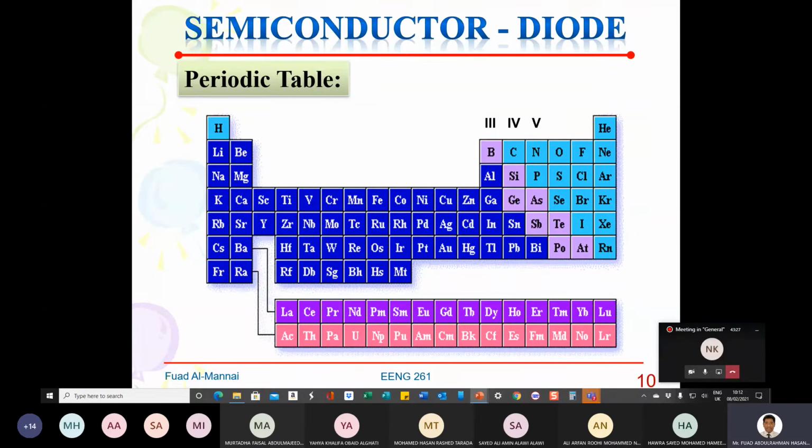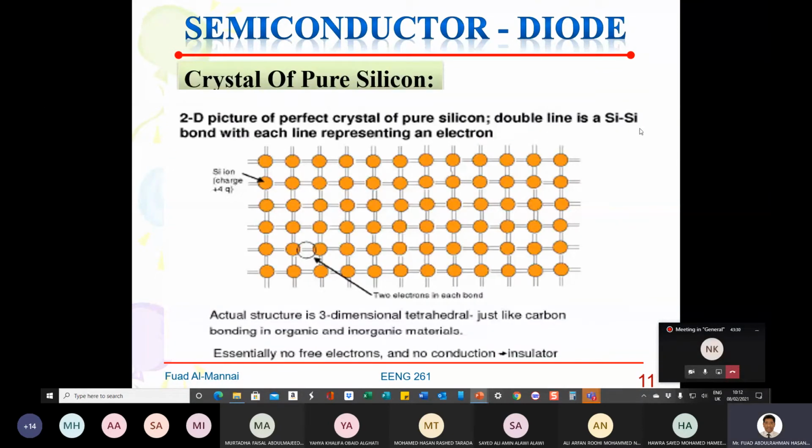Any questions? Okay. Now, if we are looking at a pure crystal of silicon, I mean very pure, this is a two-dimensional, 2D picture. This is perfect. You can see the atoms here.